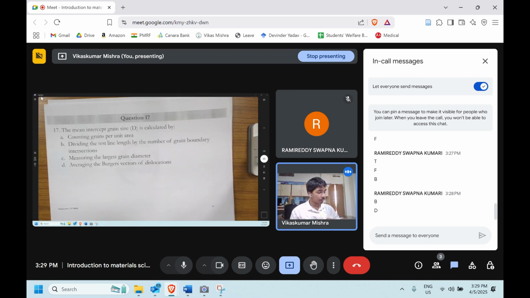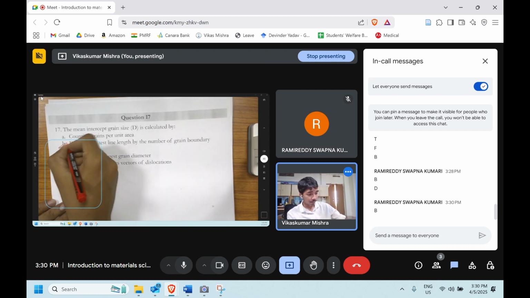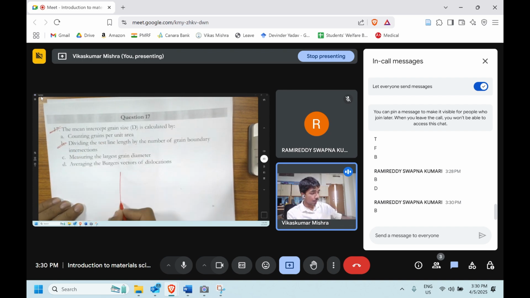The mean intercept grain size is calculated by counting the grains per unit area, dividing the test line, or the mean intercept grain size. Our aim is to find the grain size. So how do we find the grain size? Dividing the test line length by the number of grain boundaries intersecting. Option B, right? Perfect. We have a microstructure with us.